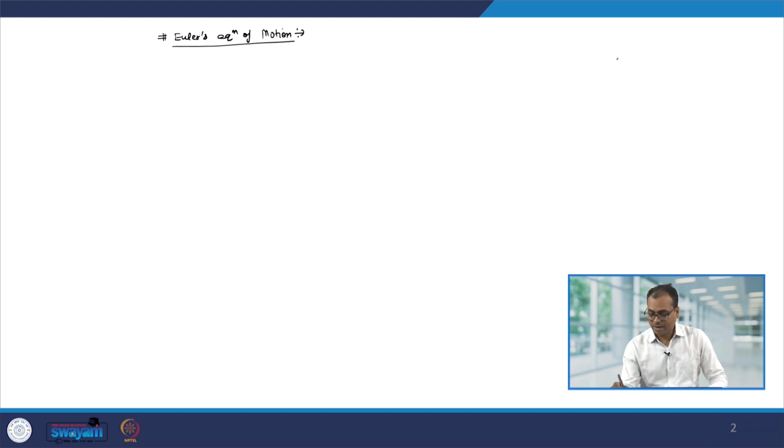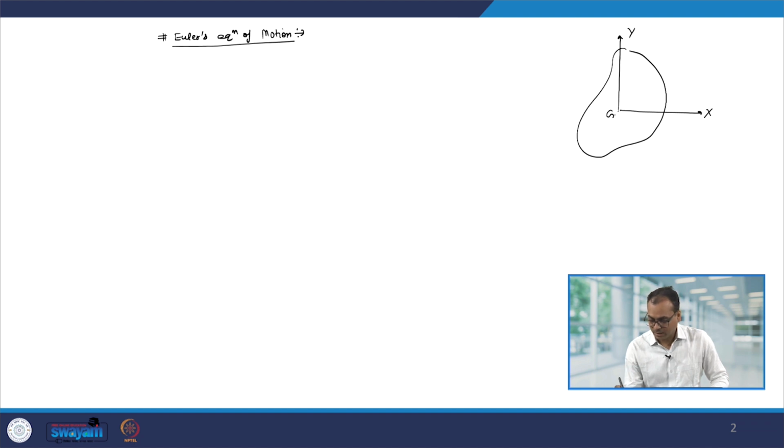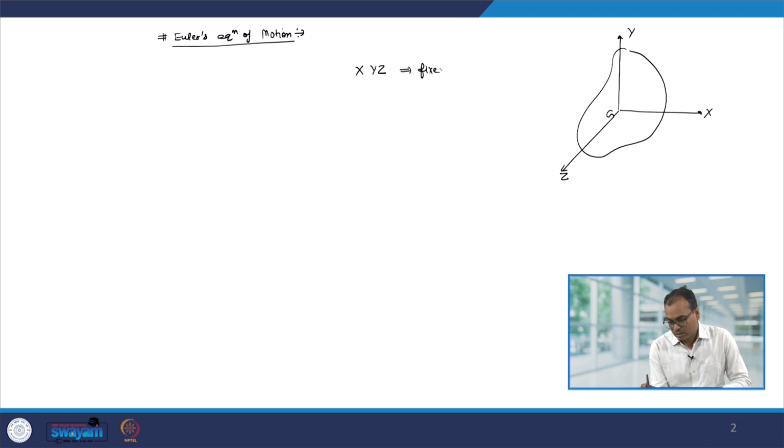So, let us say we have a rigid body and on this rigid body we can either have a fixed point or let us say the center of mass G, and capital X, capital Y and capital Z are the fixed frame. So, that means they do not rotate.